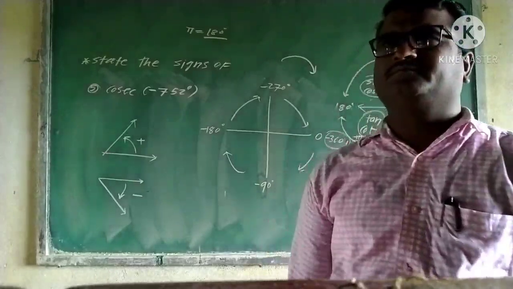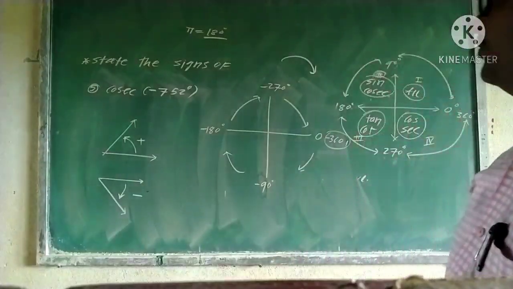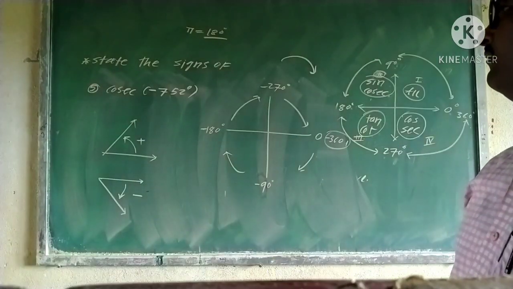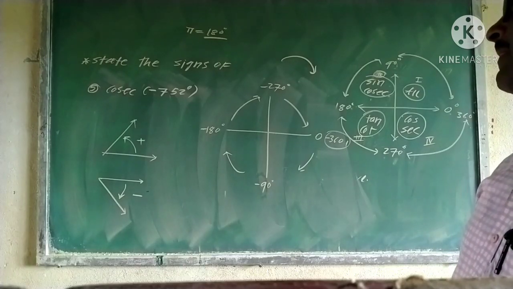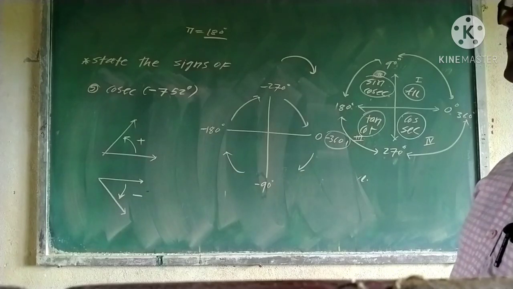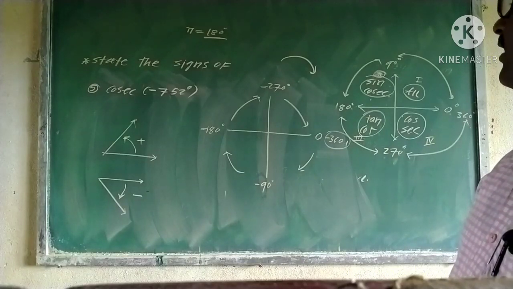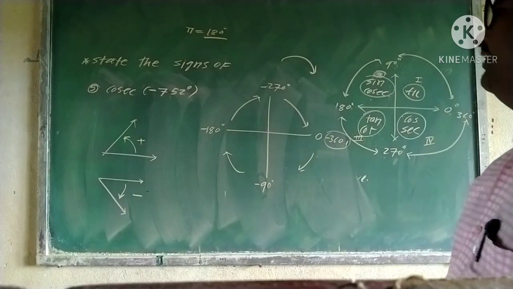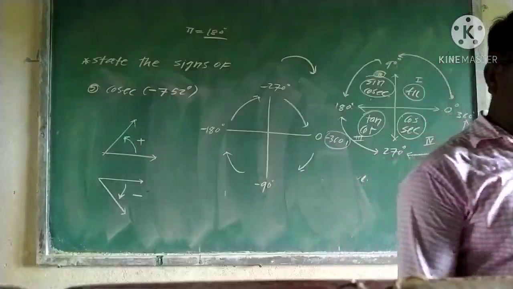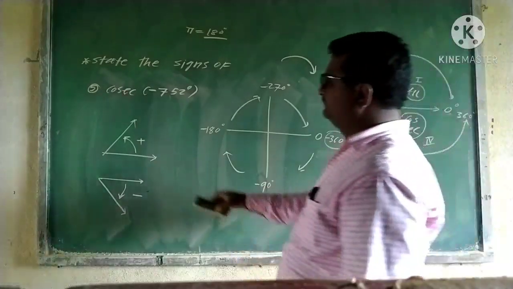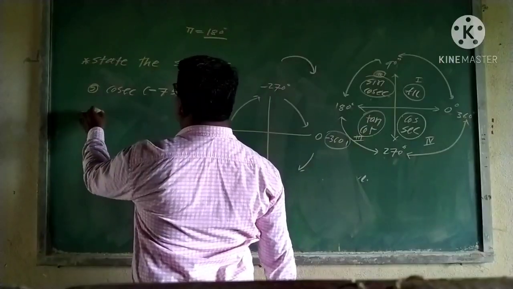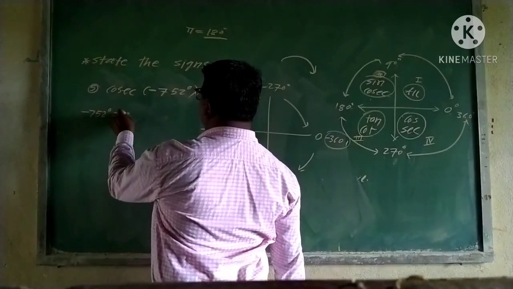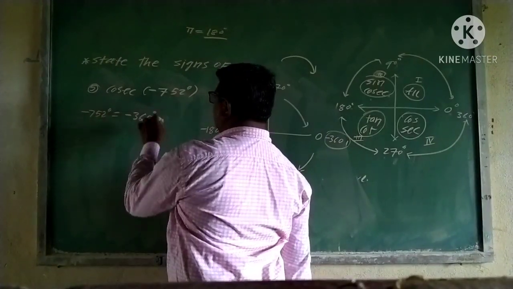Means we can write minus 752 degree as minus 360 degree and the remainder.